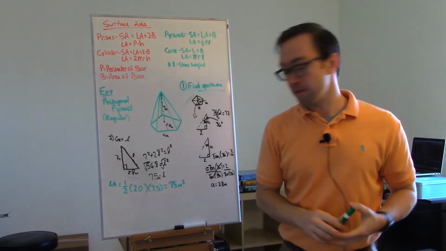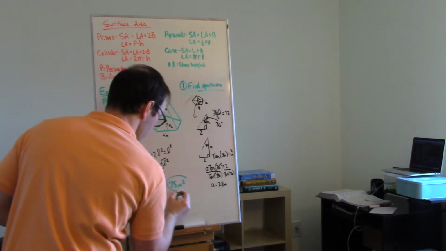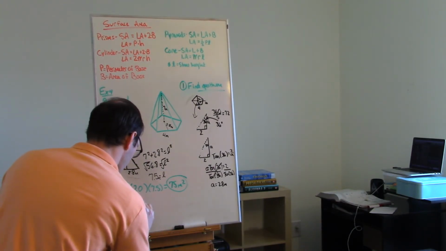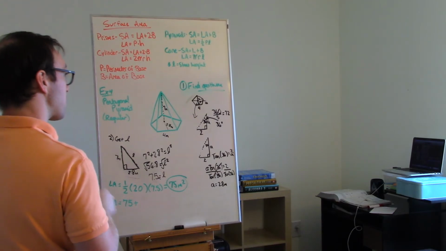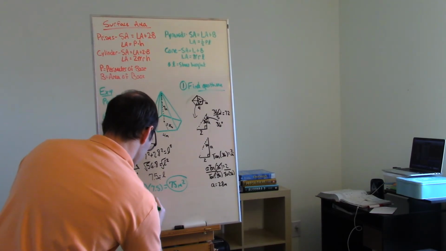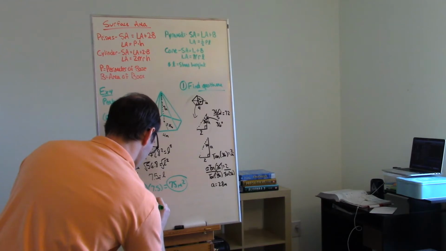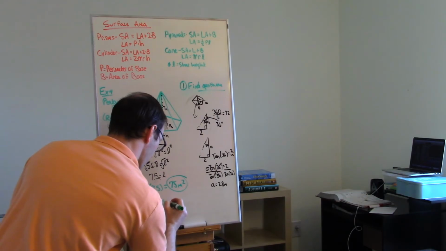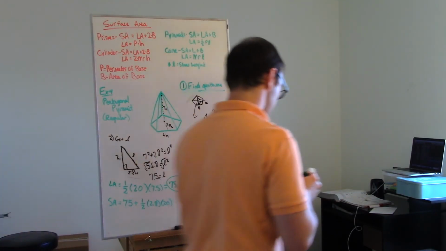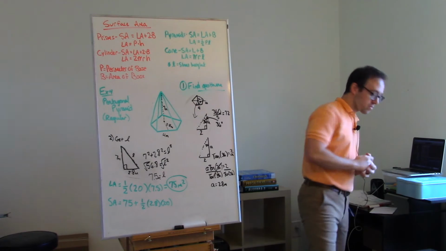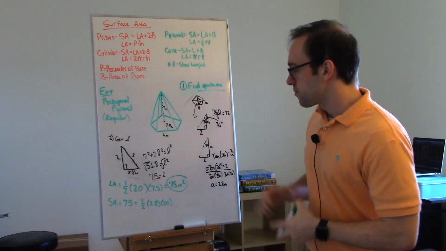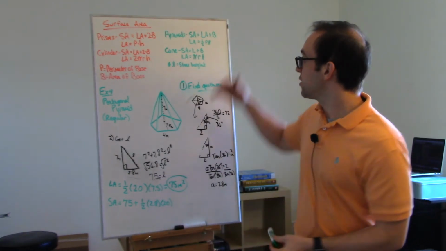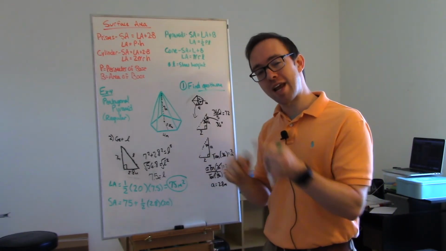And now the surface area. So the surface area is the lateral area, or 75, plus the area of the base, which is 1/2 AP.